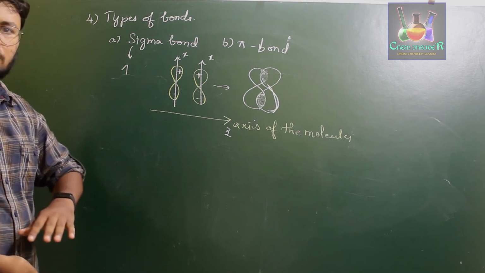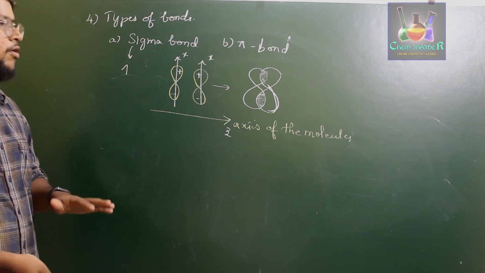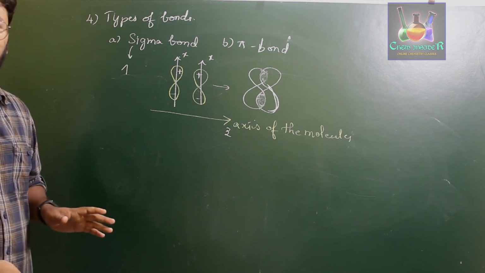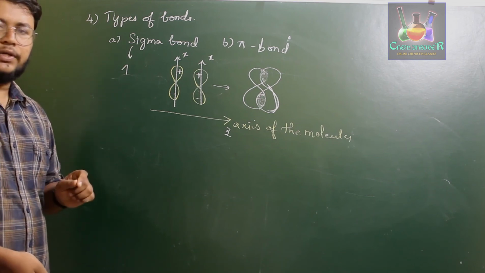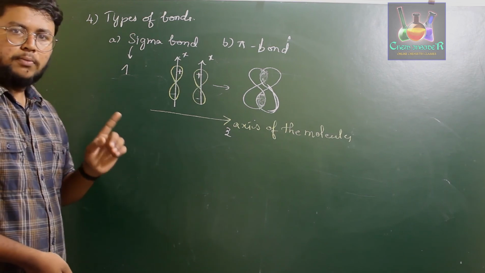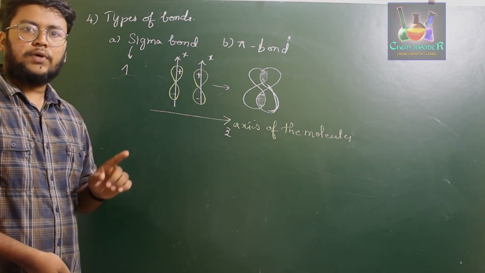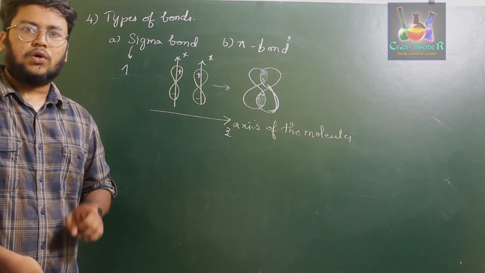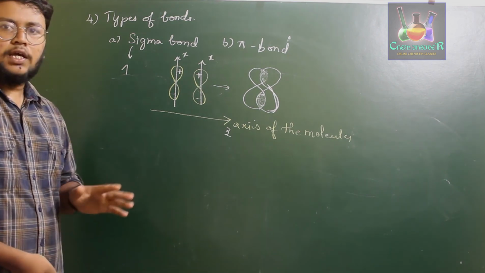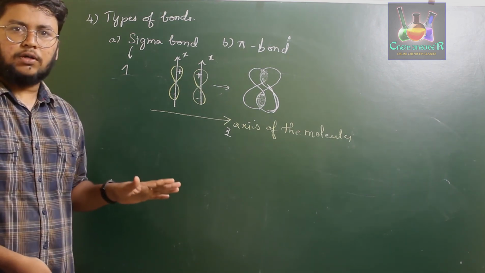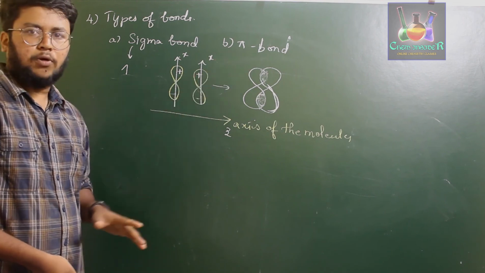If a molecule does not have a sigma bond, then it will not form a pi bond. So for a pi bond to form in a molecule, it should always contain at least one covalent sigma bond.